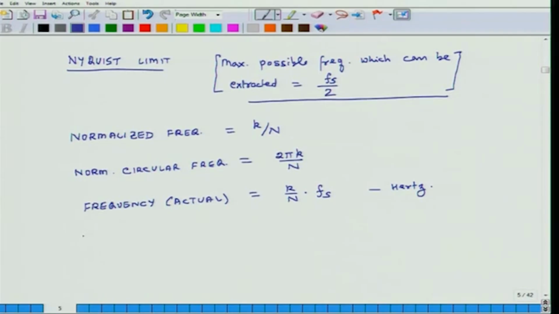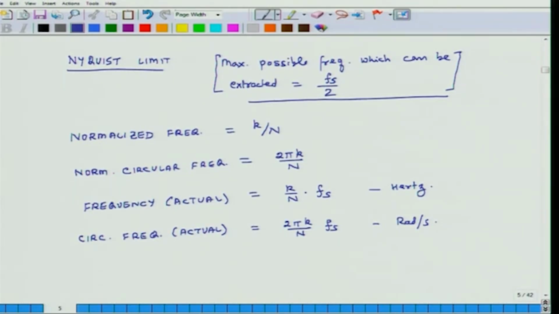And then there is the circular frequency, and this is also actual, and this is 2 pi k over N times Fs. So this will be in radians per second.